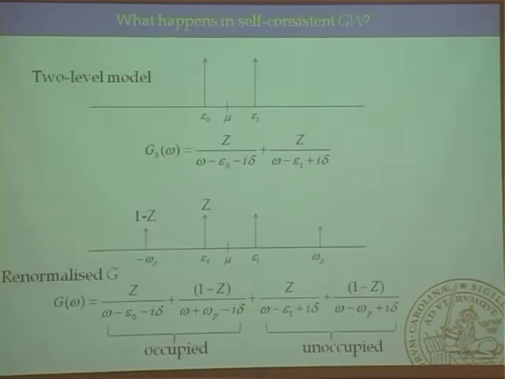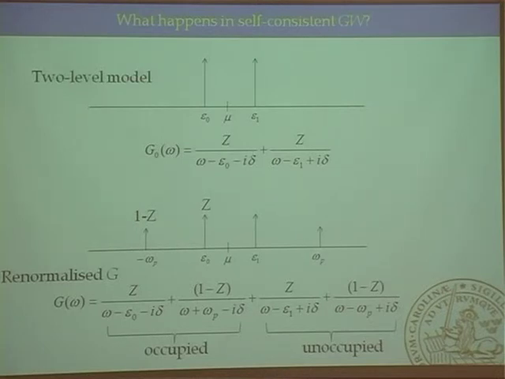So let me try to understand what happens when we do self-consistent GW. I just consider a two-level model. I have two states, one below and one above the Fermi level. I can write the Green's function, and it's very easy. Let's say that after self-consistency, we get a renormalized G like this.